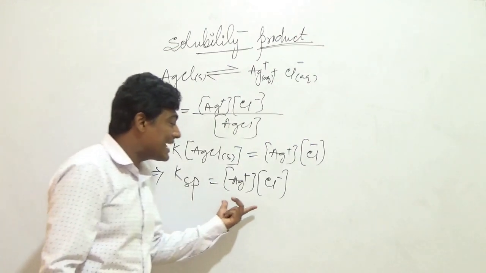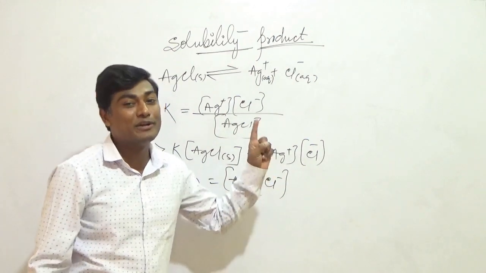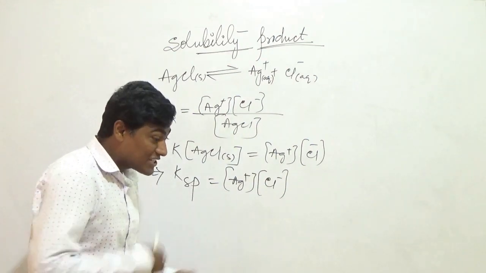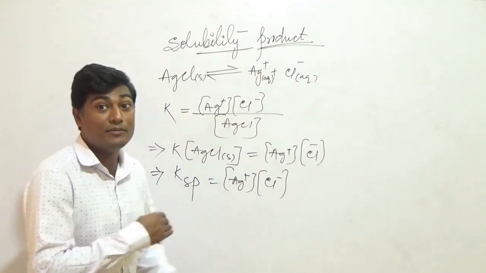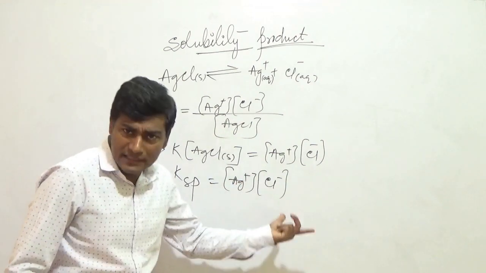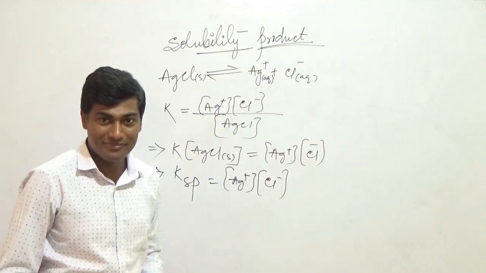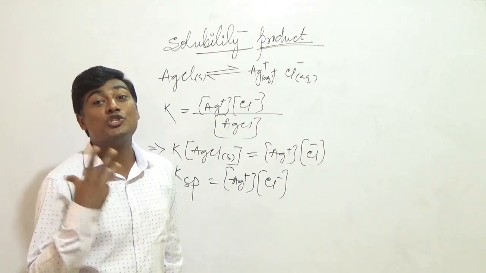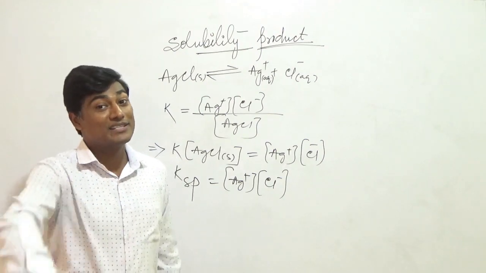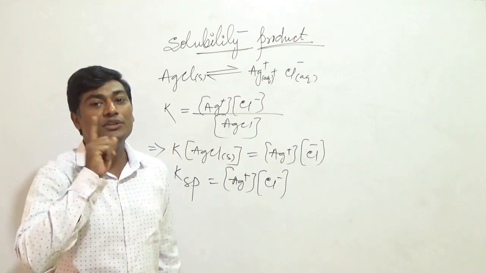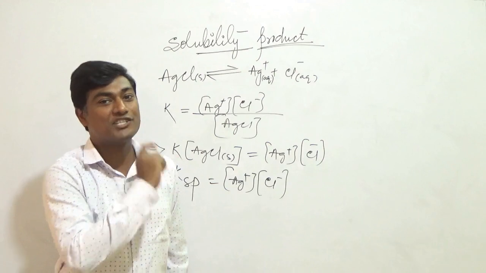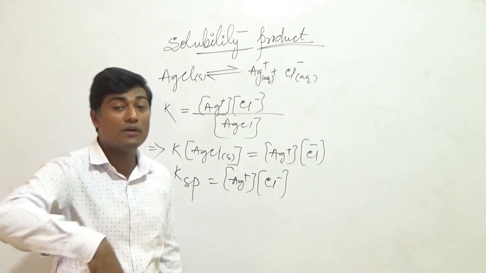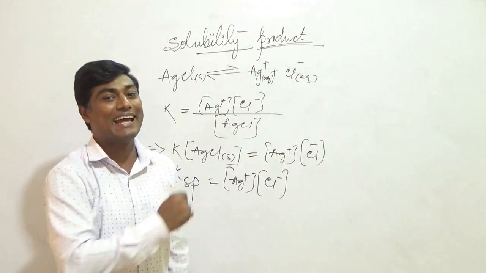So what is that solubility? We have already mentioned the maximum amount that can be dissolved. Maximum amount that can be dissolved means the maximum number of ions present in that solution. So now the solution is a saturated solution, because in a saturated solution your ion concentration is maximum, and you cannot increase the concentration of the ions more than that.